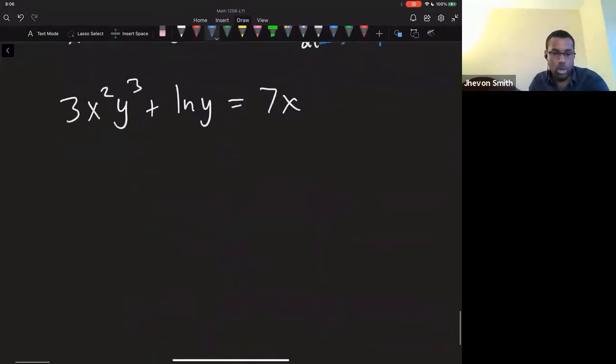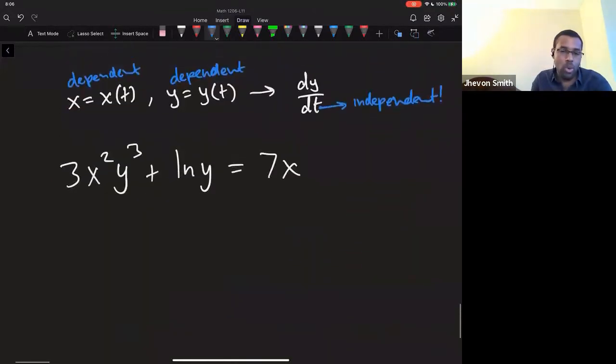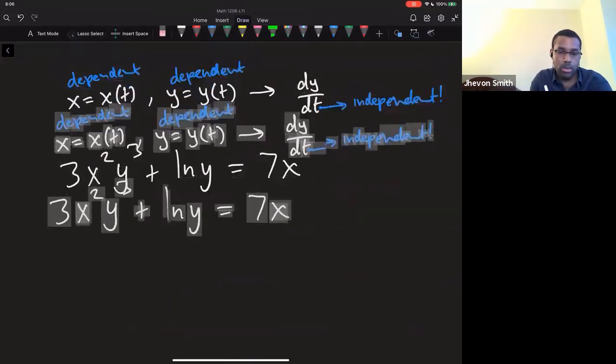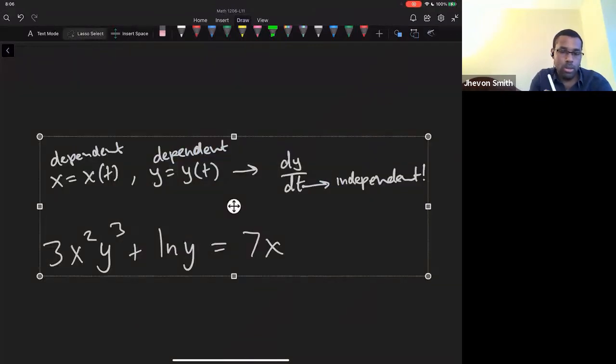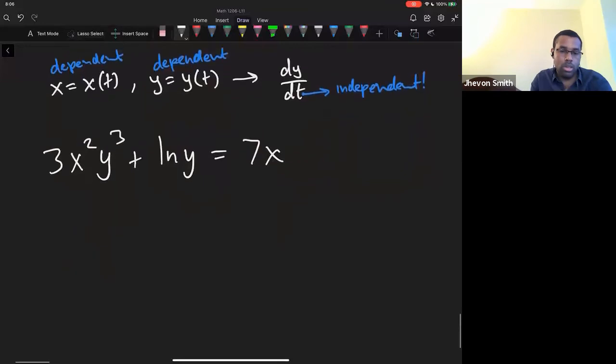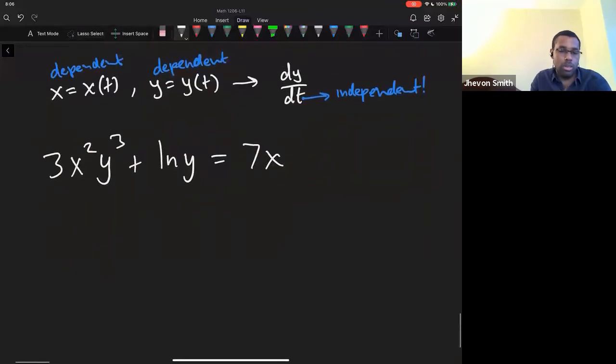So if I pretended both x and y were dependent, how would you change it here? If I go through and you take derivatives, what would you do now? Do you just put the t prime on all of them?